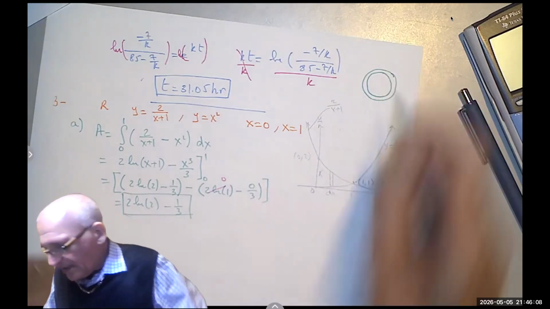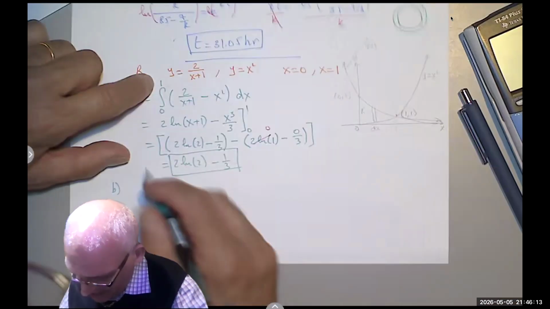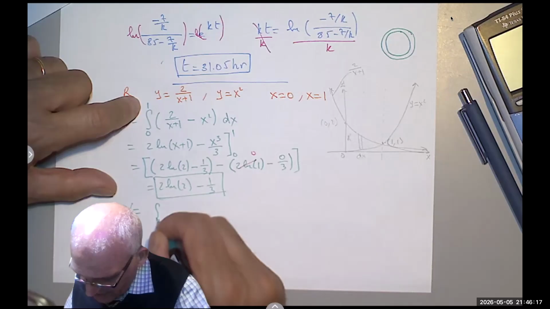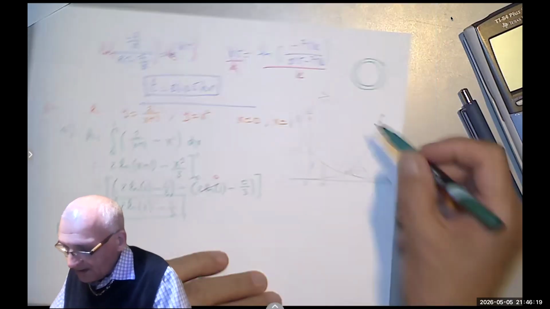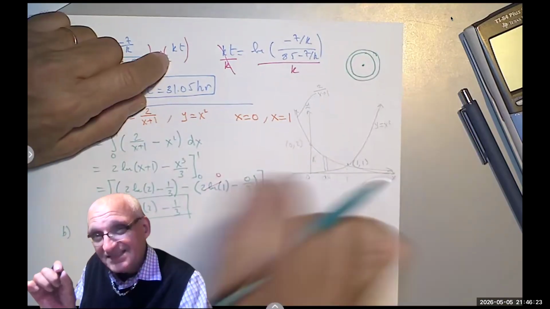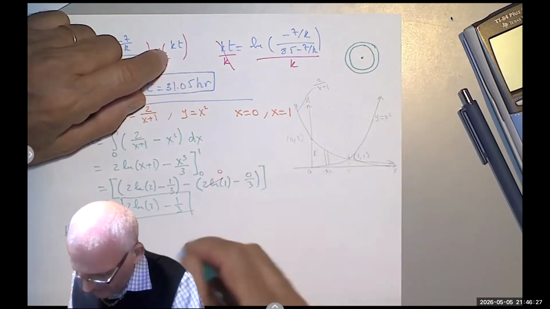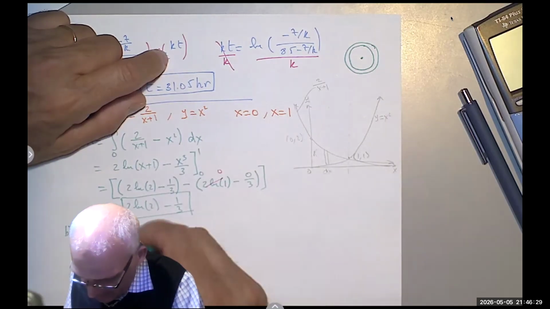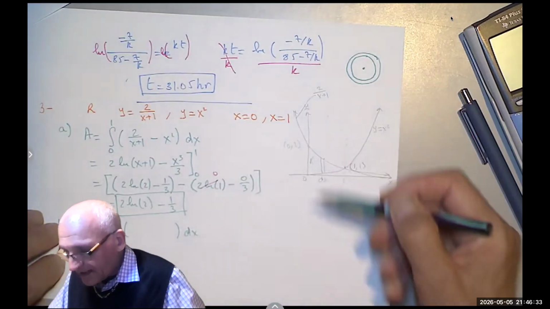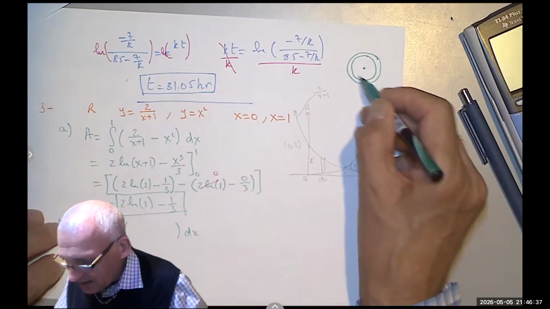So really, to find the volume, I would say the volume equals, again, the integral from 0 to 1. The dx here is the thickness of that washer. So I will have dx at the end anyway. But what do you get? Pi r square will give me the outside minus pi r square.